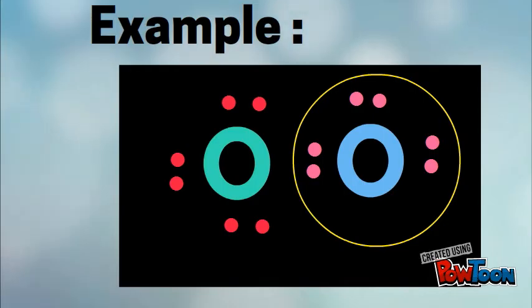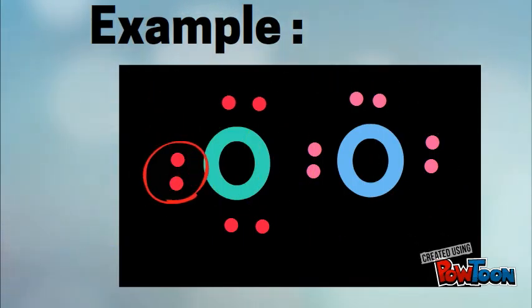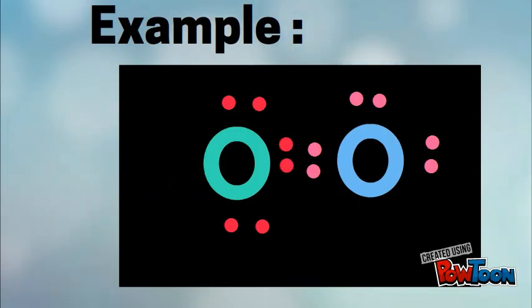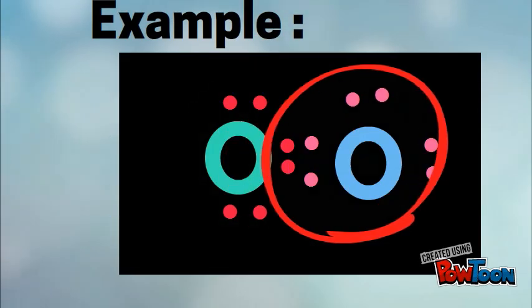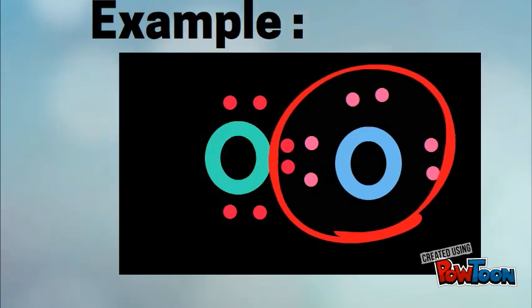There are no valence electrons left. To solve this problem, remove 2 valence electrons and place them in the middle to form a double bond. Still, only 12 valence electrons were used, but now we formed the complete octet.